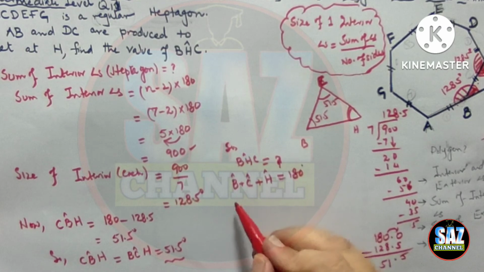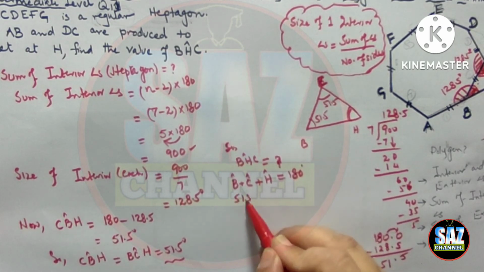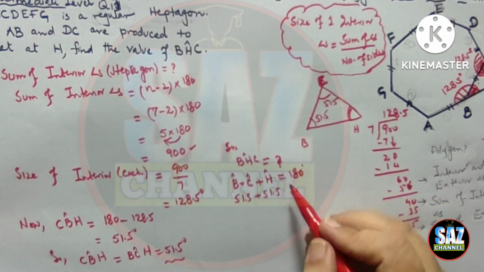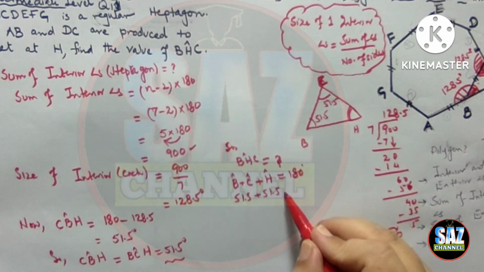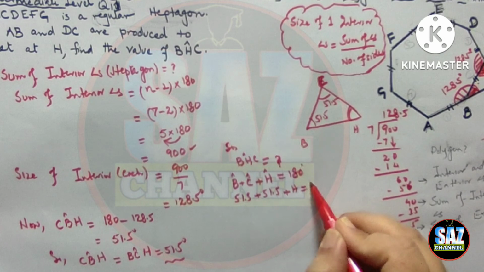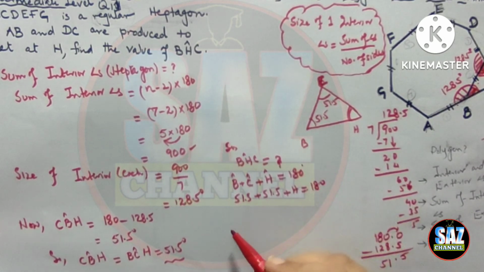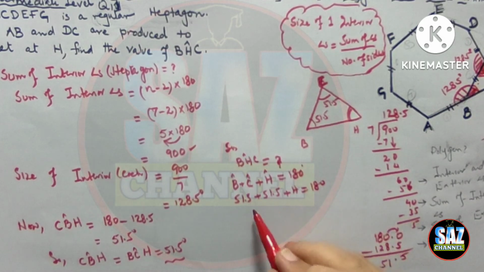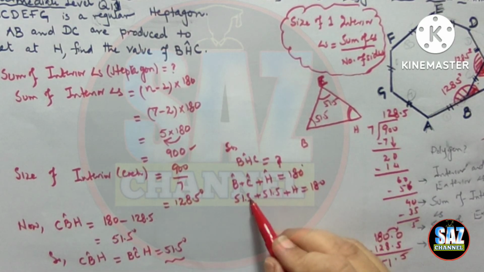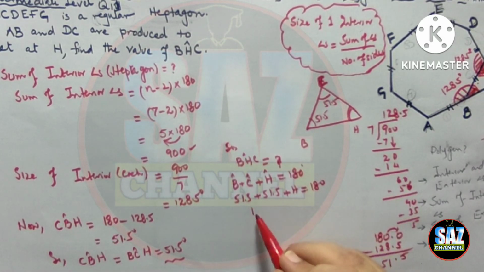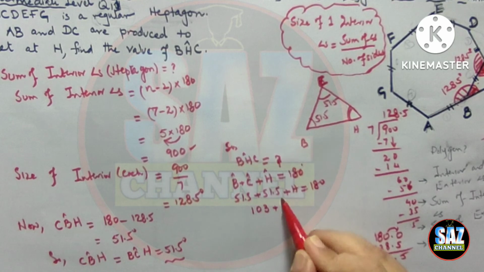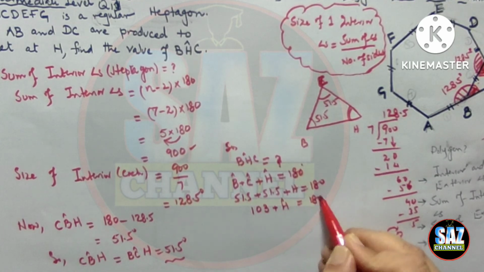B and C both are the same, isosceles triangle, 51.5 plus 51.5 plus H equals 180 degrees. 51.5 plus 51.5 is 103, so 103 plus H equals 180 degrees.